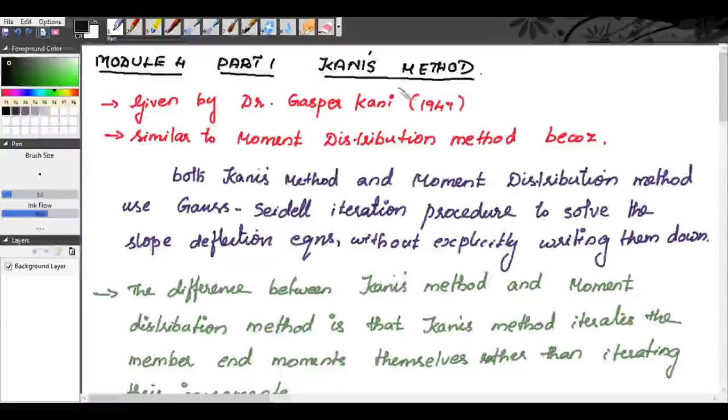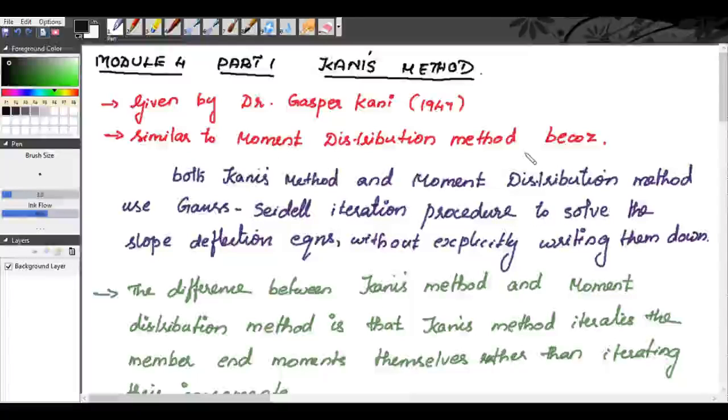Okay, now Kani's method was developed and given by Dr. Caspar Kani in the year 1947, whereas the slope deflection method was developed by G.A. Maney in 1950.